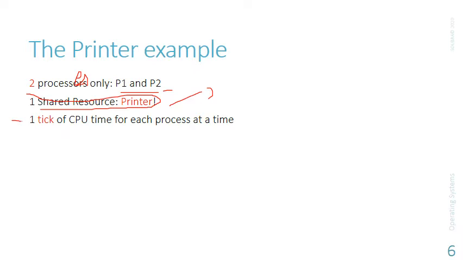And one last thing that we're trying to understand here, and this is a typical case study that I might give you in an exam, is that we're using 1 tick of CPU time for each process. What does this mean? So 1 tick of CPU time.